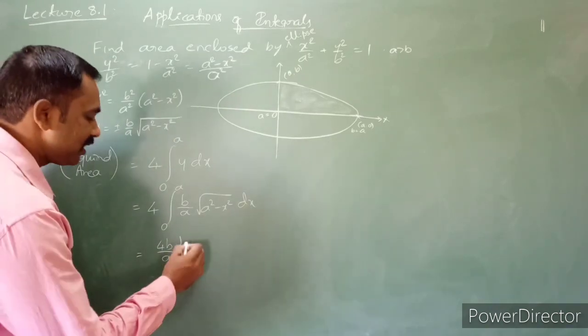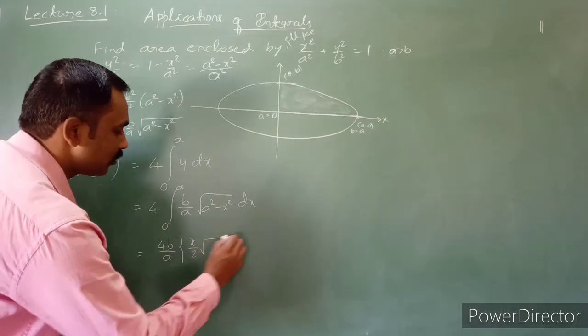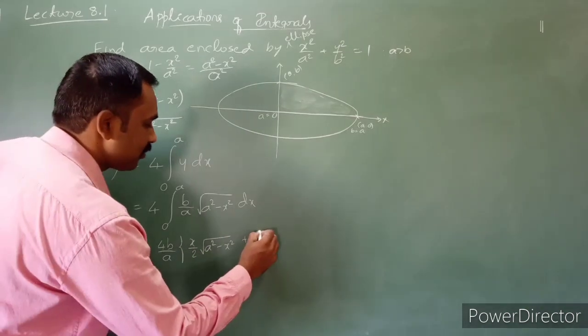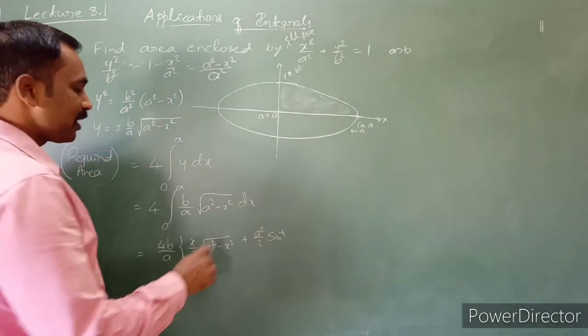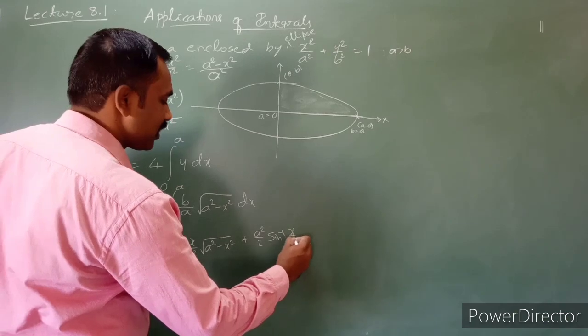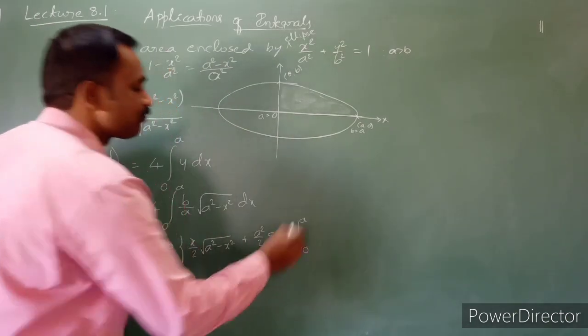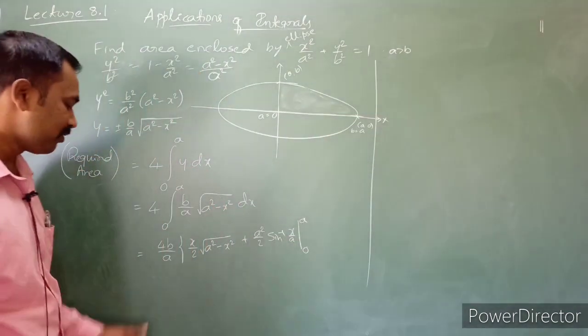The formula is: x by 2 into root of a square minus x square plus a square by 2 into sin inverse of x by a, the definite integral from 0 to a. Okay, apply the limits, simplify, and we get the required result.